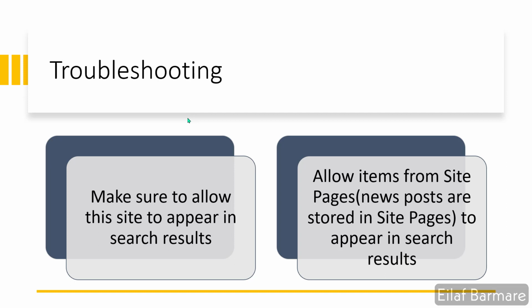And apart from that, the site pages library, wherein all the news posts are stored, should also appear in search results. So we need to make sure that the SPO dev site is allowed to be searchable at site level, as well as at the specific document library level.